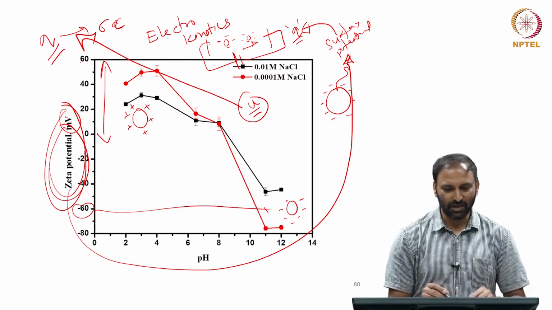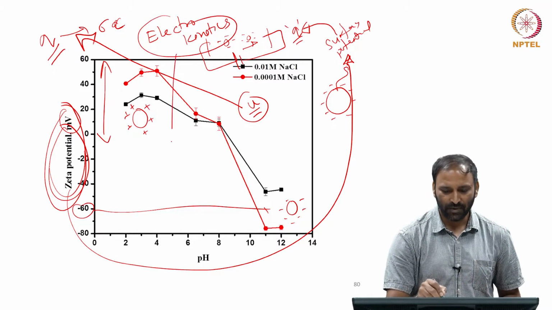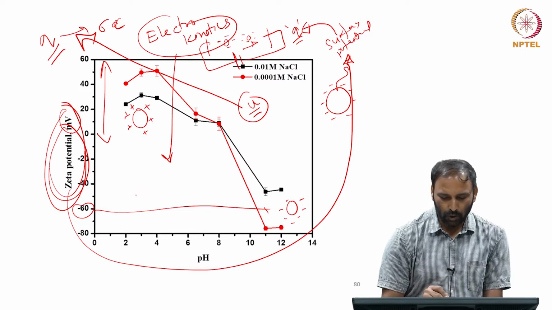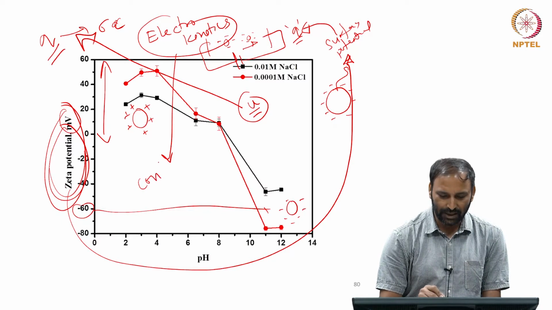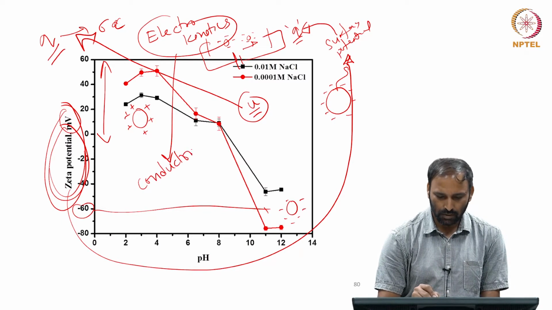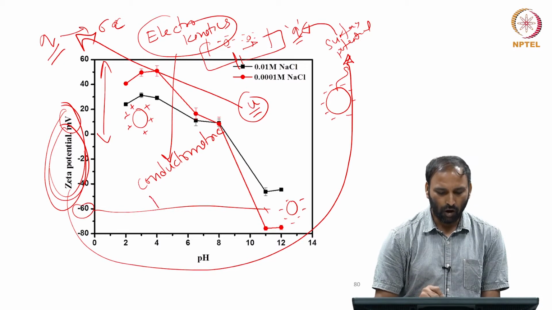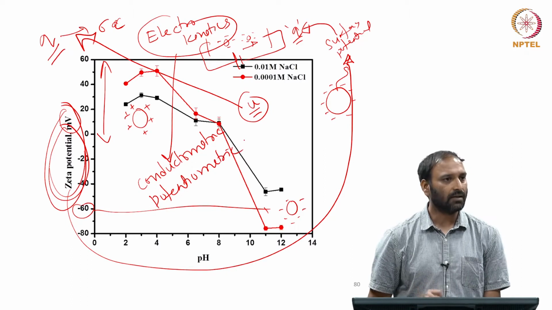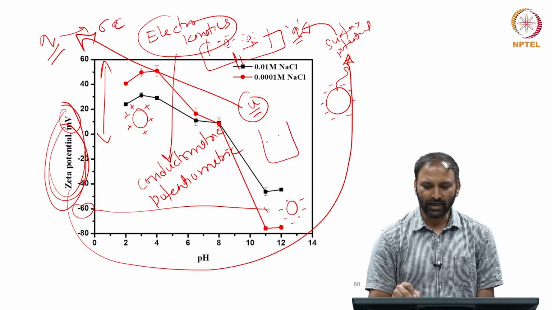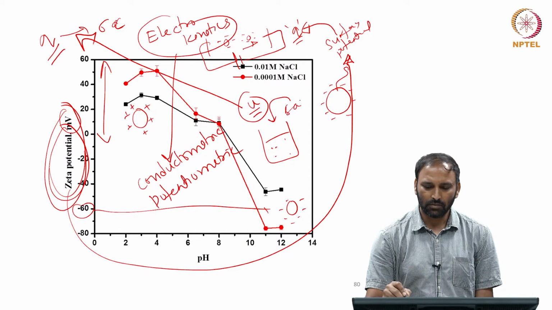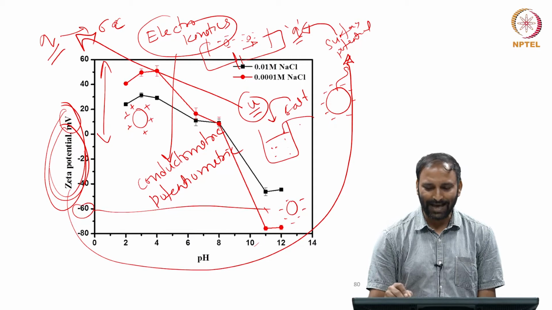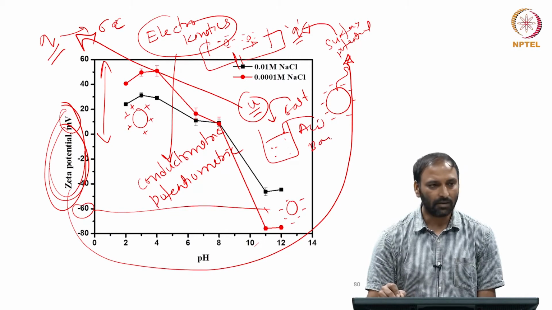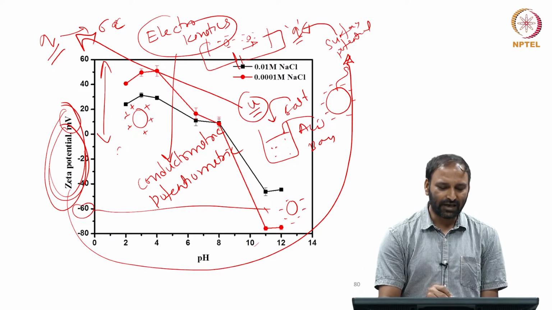There are other methods of measuring it, not only electrokinetics. There are ways by which people do conductometric titration or potentiometric titration, in which you take a dispersion of particles and add a salt, or an acid or a base, and then you measure the change in the conductivity or pH.